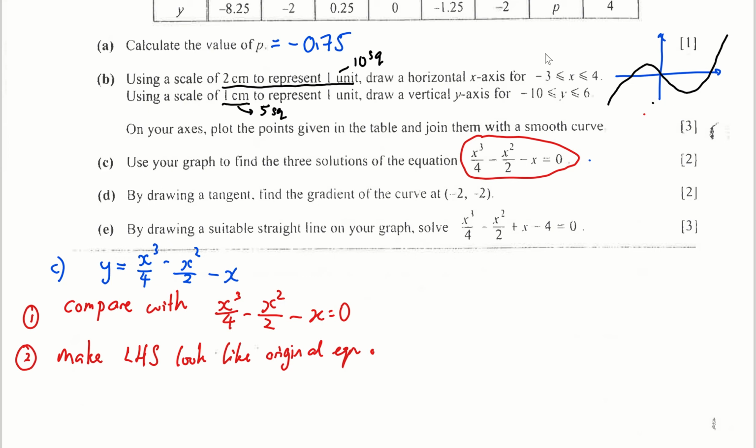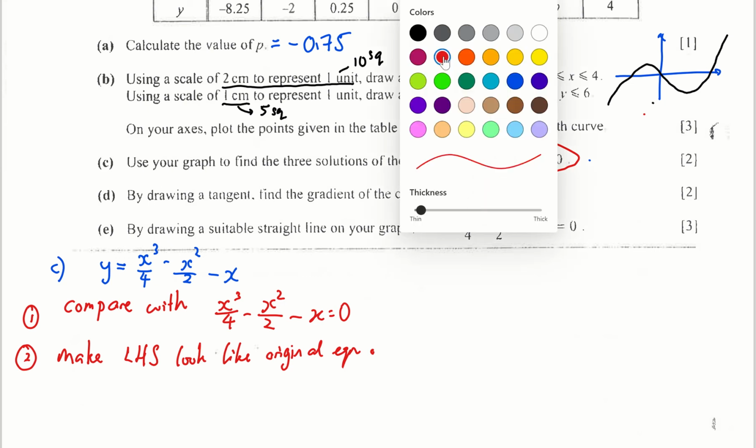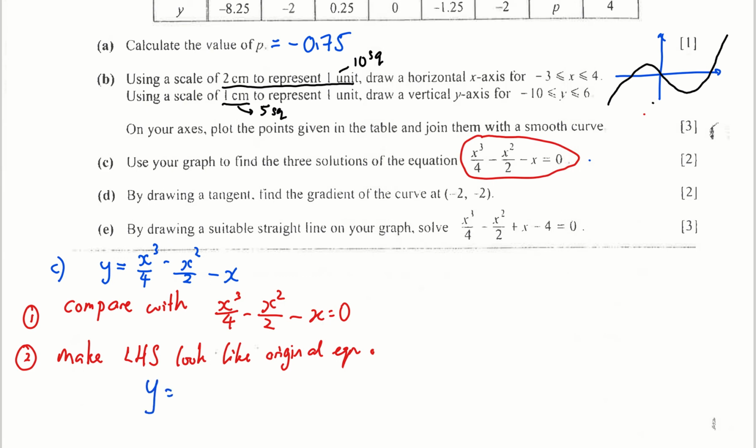The idea is really to make a guess. They want you to make a guess that y is equal to what? And in order to understand that y equals to what, you really have to make the left hand side look like the original equation. So this is the original equation.